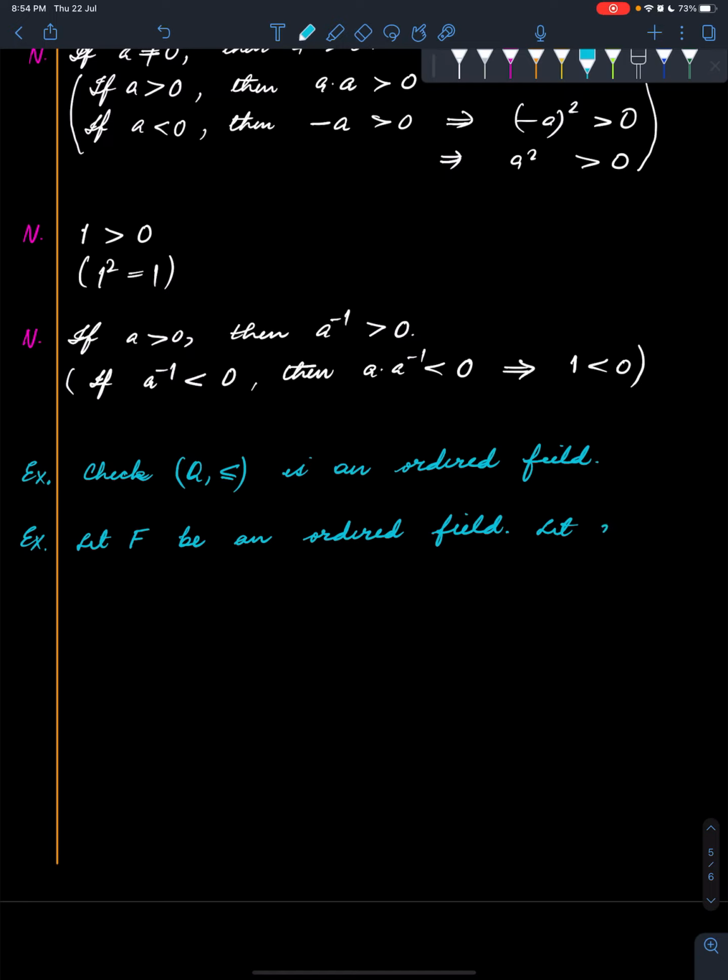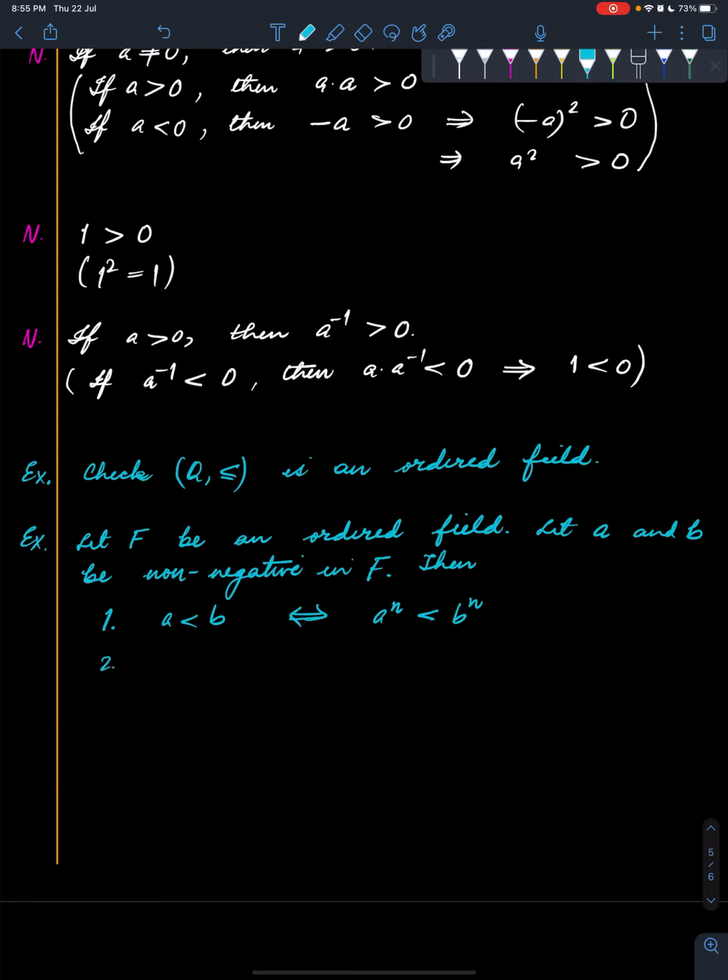So the exercise is that suppose you take two elements a and b, which are non-negative, in f, then three things: a less than b if and only if a to the n is less than b to the n, and I need to explain this notation.